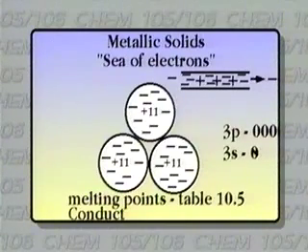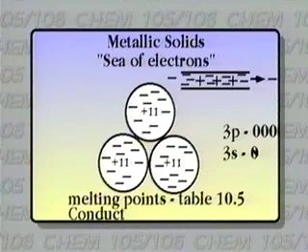And so when we hammer something, we can shove them around, we can stretch them, we can move them into different positions with very little energy or effect. Okay? So metal solids have the property of being ductile and malleable.